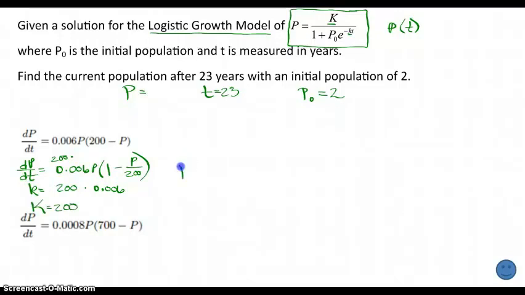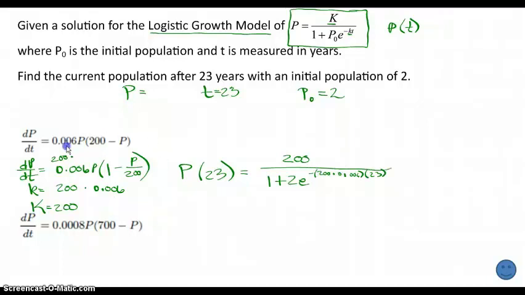So now it's just a matter of plugging those values in to find what this population is. It's the carrying capacity over 1 plus the initial population times e to the negative little k, which is 200 times 0.006, times t, which is 23. And we wouldn't have to clean that up.